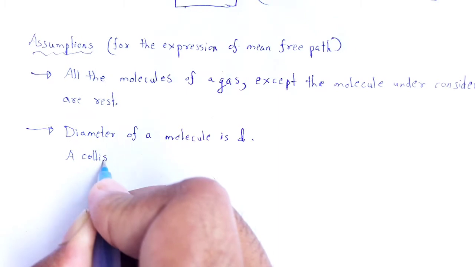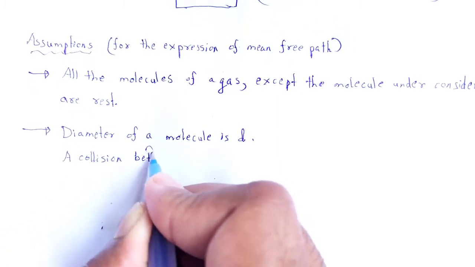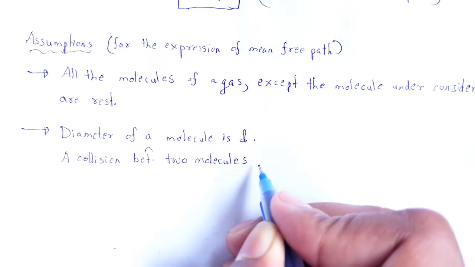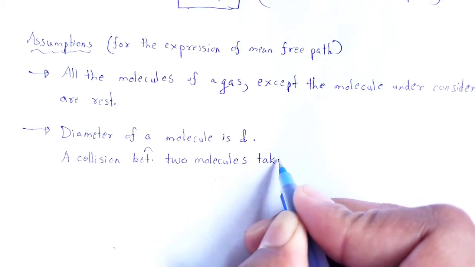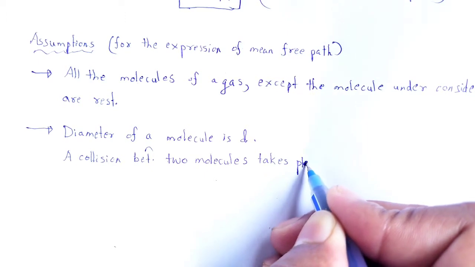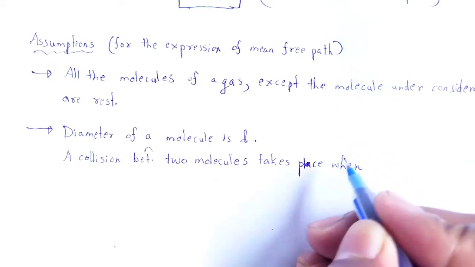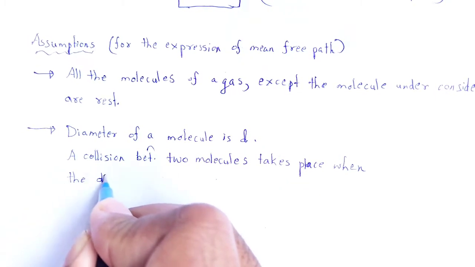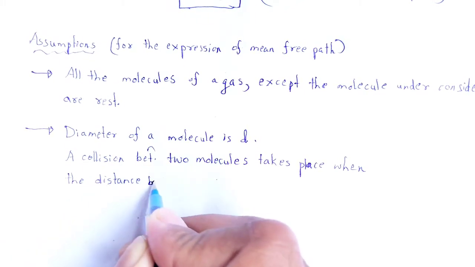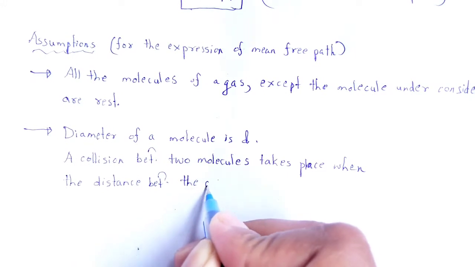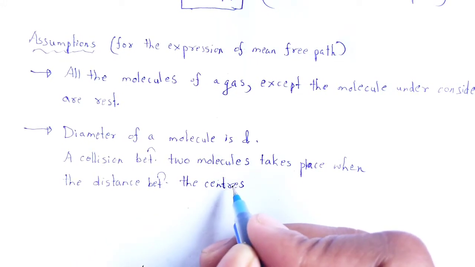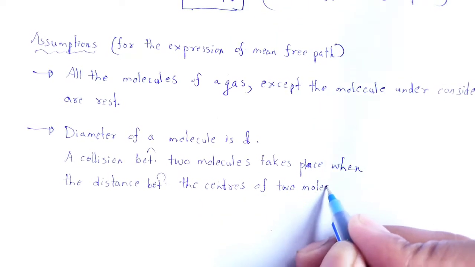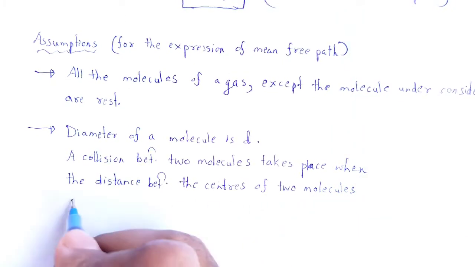A collision between two molecules takes place when the distance between the centers of two molecules is d.